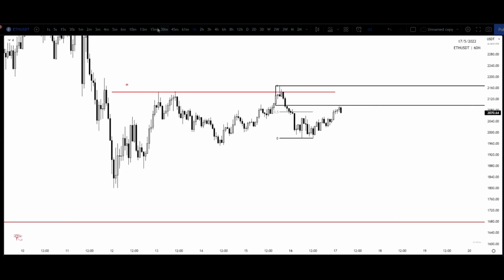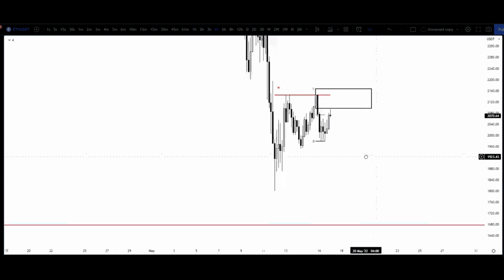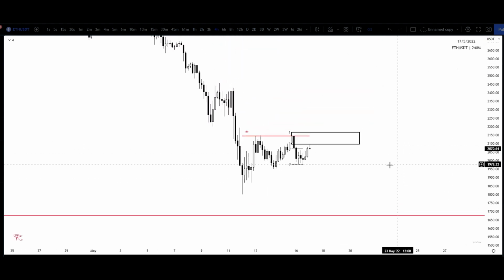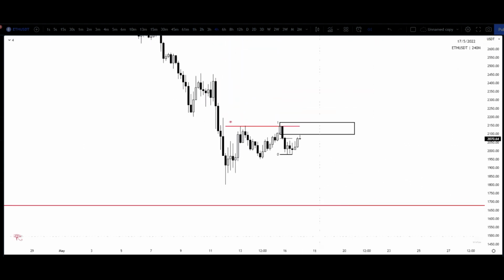So now that I have this 4-hour breaker structure to the downside, what I believe to be a breaker structure to the downside, now we need to confirm a lower high, a 4-hour lower high. How are we going to confirm the lower high? With a 1-hour breaker structure to the downside after our point of interest is mitigated.